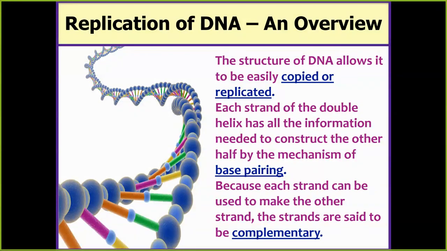So if you have half a sandwich with peanut butter, you know you have to add jelly. Of course, the reverse is true. If your mom had only put down the jelly, then you would know, oh, I've got to add some peanut butter. Okay, complementary. If I have one half, then I automatically know what the other half is. That is what DNA is. The DNA strands are complementary.